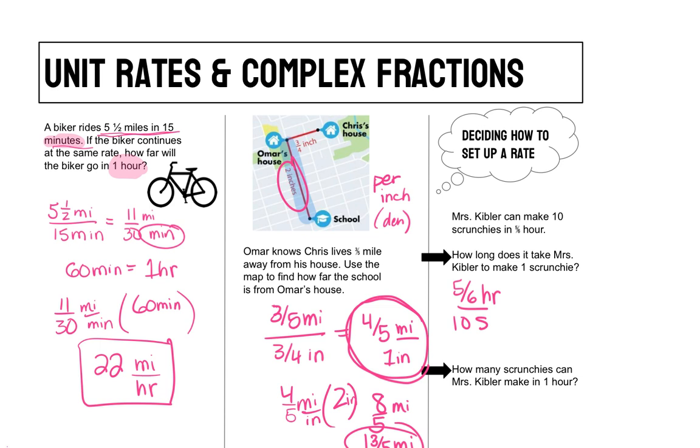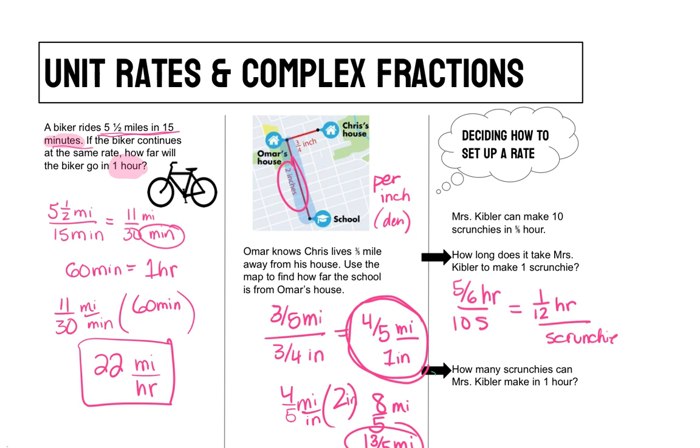So when we plug this into our calculator here, this is going to tell us that it takes 1/12 of an hour for 1 scrunchie. And why this might be useful is because maybe you have to make 12 scrunchies, and so you want to know how much it takes to make 1 scrunchie.